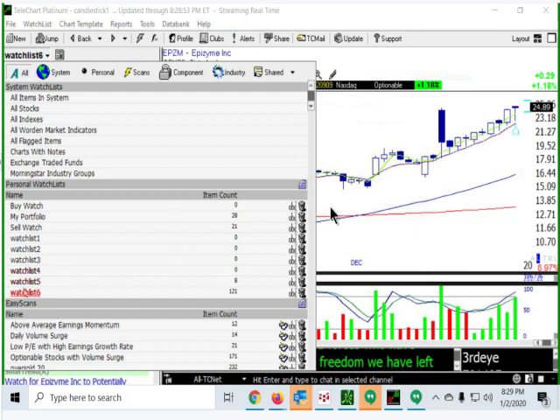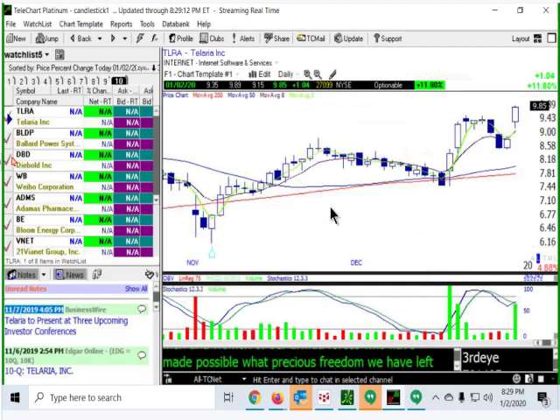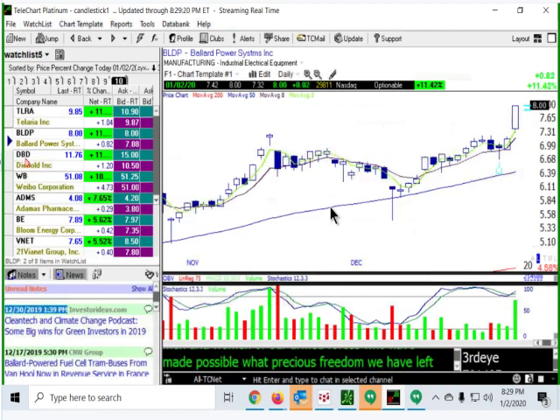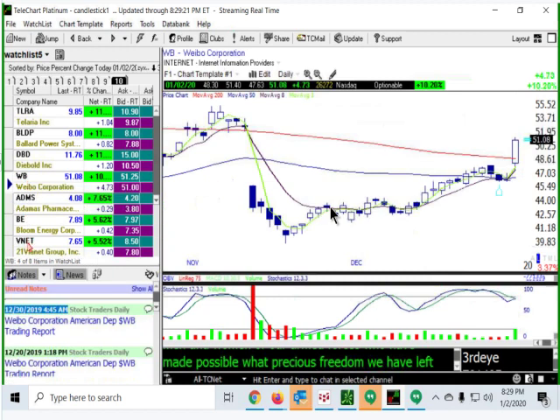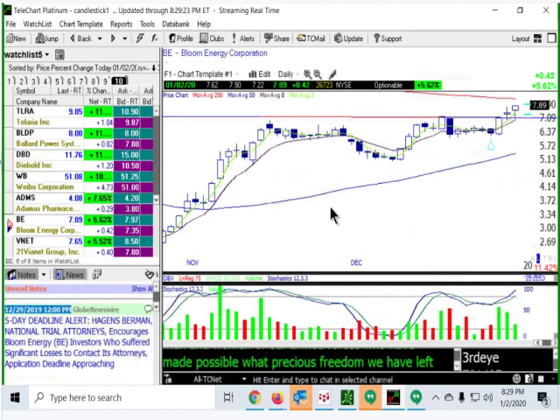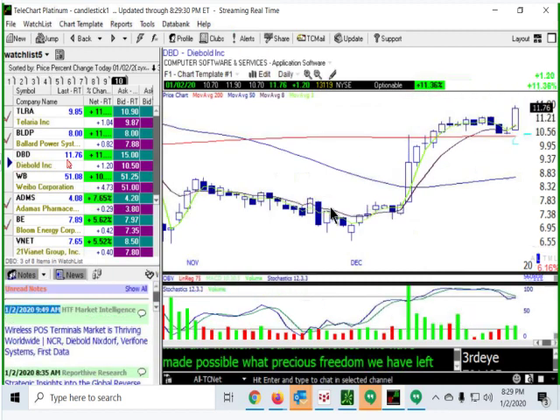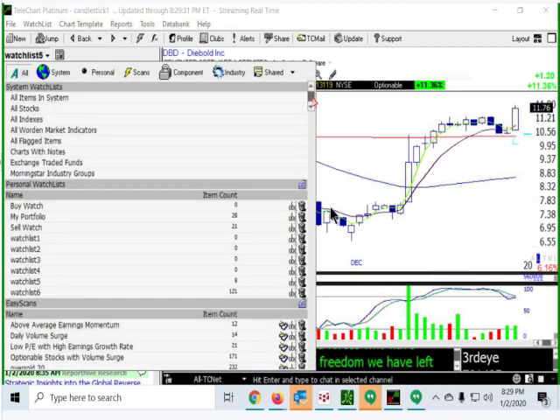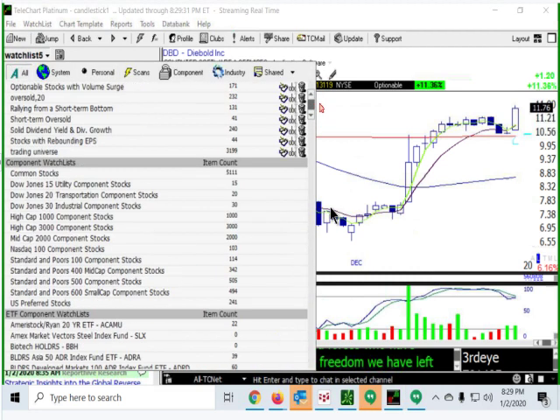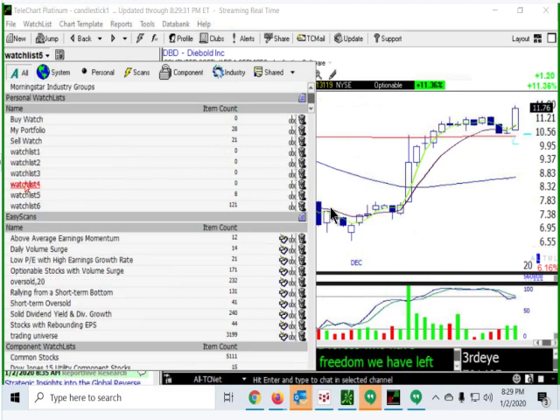Now I do the same process. I go through here and say, all right, out of these 22, now I've got it down to these 8. Now I go through again and I pick out maybe 5 that are the best out of those 8, do the same process, move them to watch list 4.